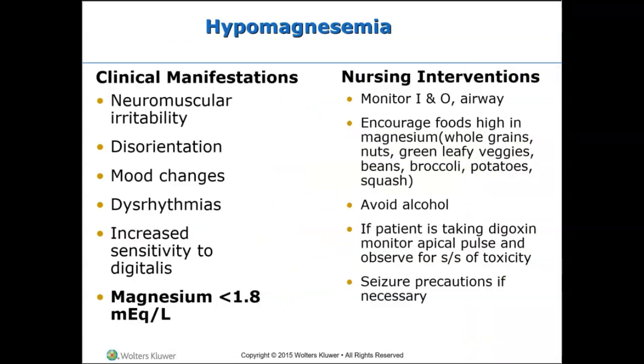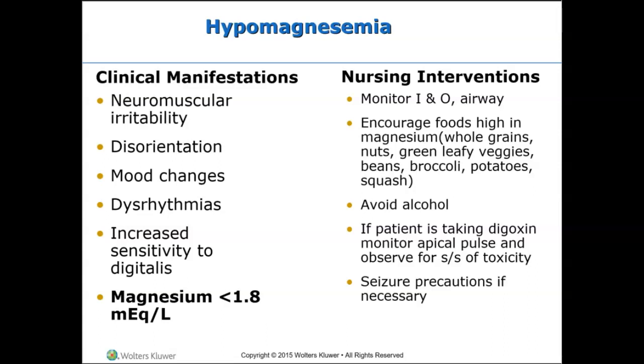Clinical manifestations of hypomagnesemia include neuromuscular irritability. It includes neurological LOC changes, right? So they'll be disoriented. They could have severe mood changes and shifts. They could have dysrhythmias, which we've mentioned already, right?